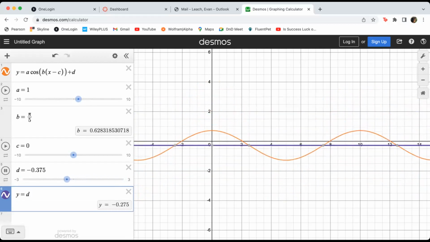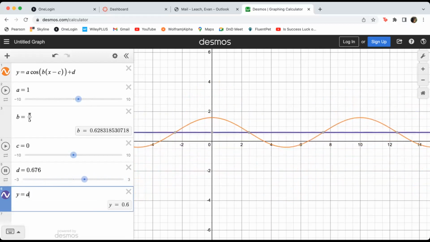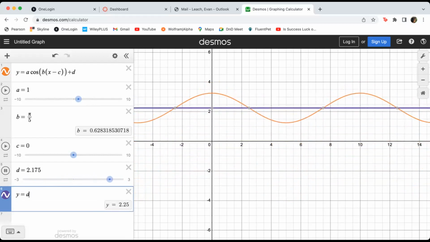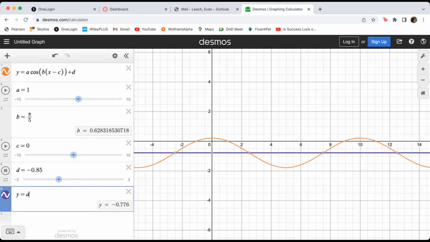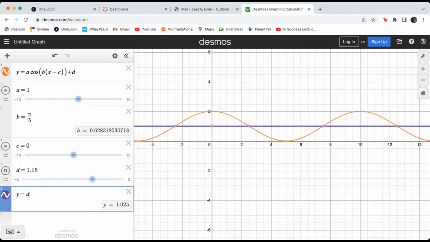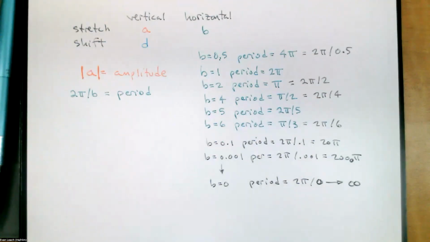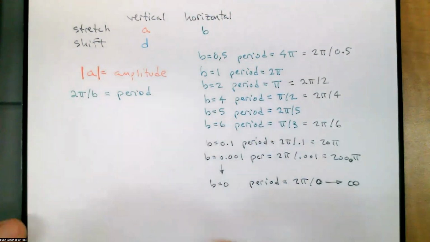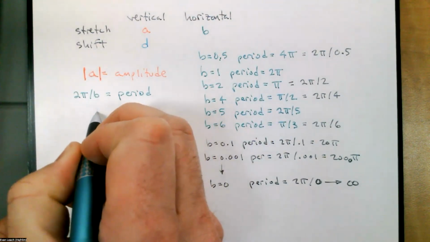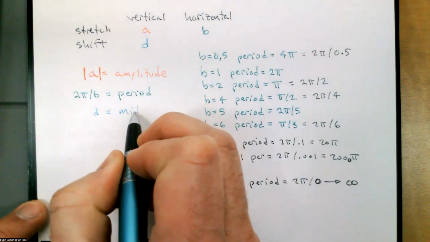As we're running D, if I draw the horizontal line y equals D, we can see that the constant term at the end, the plus D, is identifying where the middle of the graph is. So we've got even more detail now. Whatever value of D we have, that's where the middle is going to be.